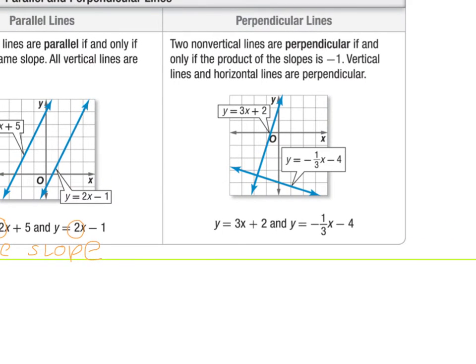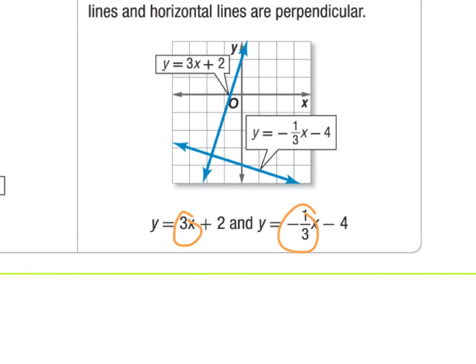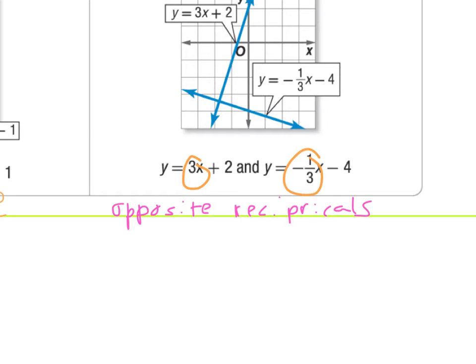Perpendicular lines, if we look here, one of our equations has a slope of 3. The other one has a slope of -1/3. Our slopes for perpendicular lines are opposite reciprocals. Opposite meaning they change the sign.